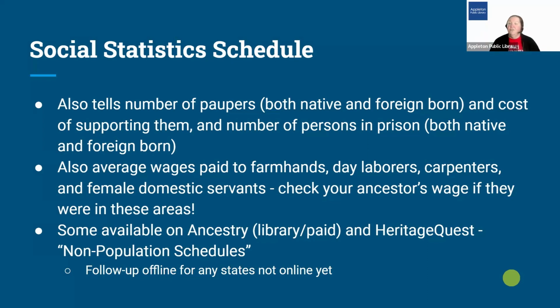So check your ancestors' wage here, what they might approximately be earning in this location if they have one of these careers. Some of these are available on Ancestry, on the library in the paid edition, and on Heritage Quest. You're going to follow up and find them under non-population schedule, and then follow up offline for any states that are not available online, if you are curious to learn a little bit more about the community your ancestors lived in.